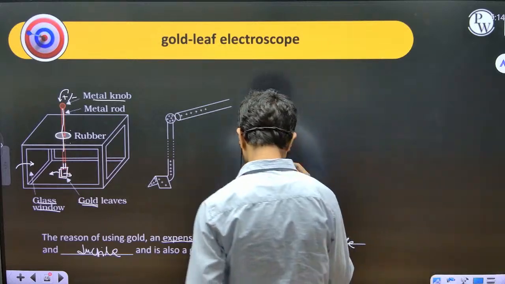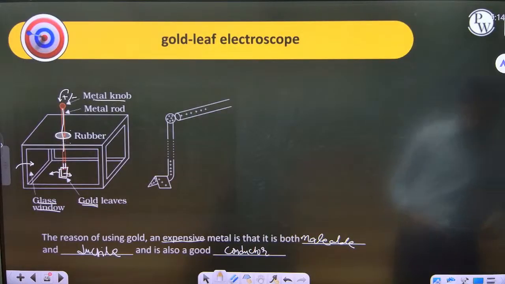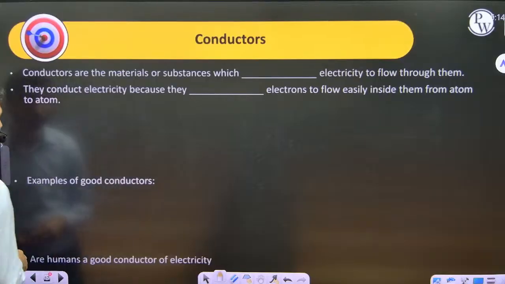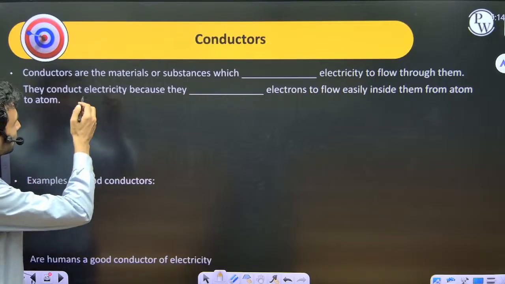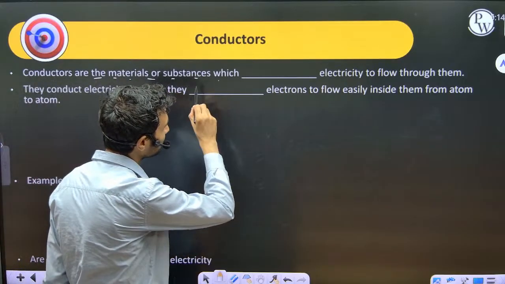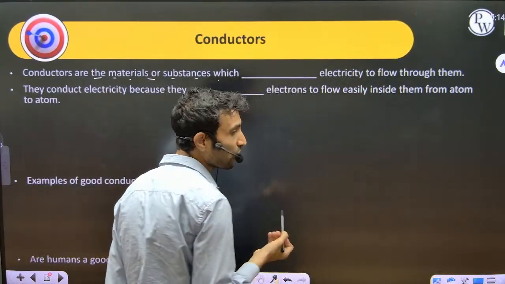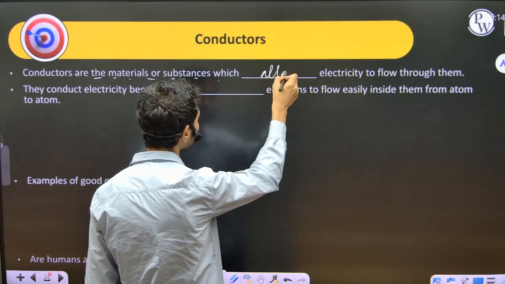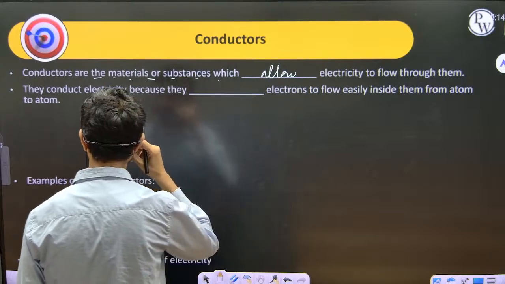Okay, so let's move ahead from here. Now let us see what conductors are. Conductors are the materials or substances which allow electricity to flow through them. That's what conductors are.